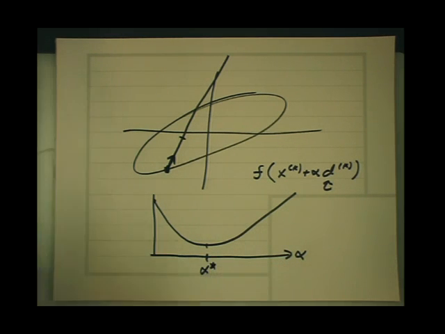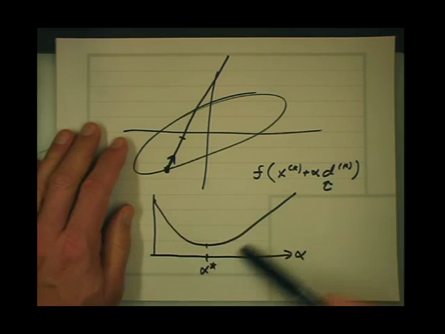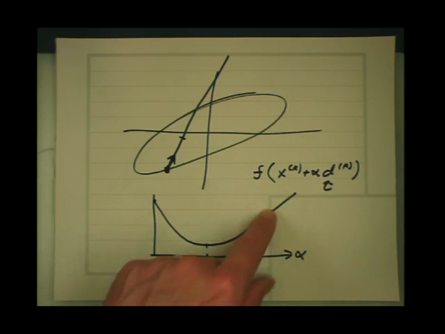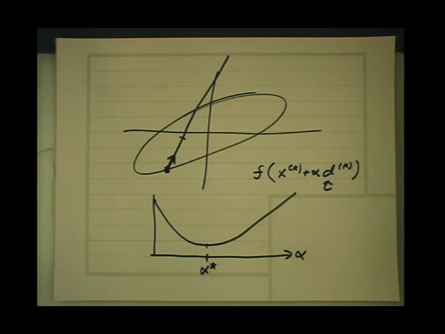The problem is that for me to plot this curve like this, I'd have to evaluate the function at 100 points. Every time I evaluate the function at 100 points, it is very expensive computationally, because that function is the crazy thing I'm minimizing to start off with. Here's the crazy thing I'm minimizing.